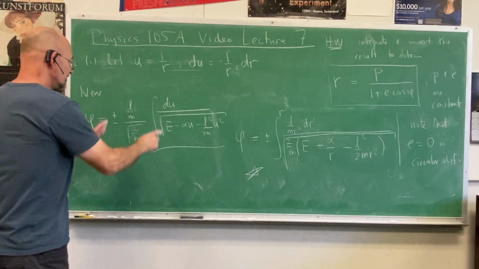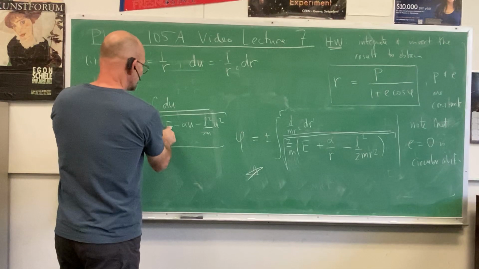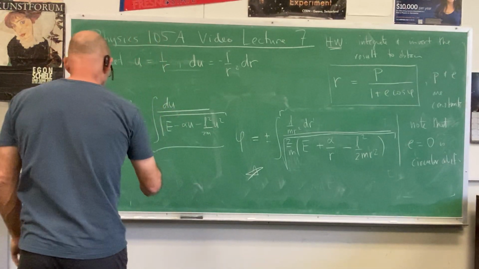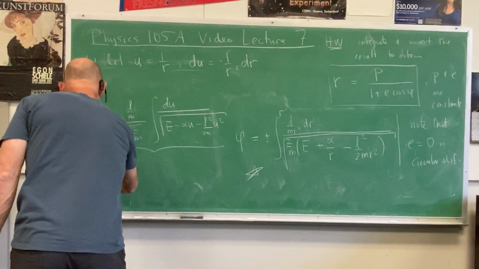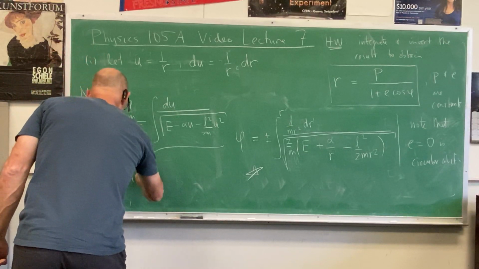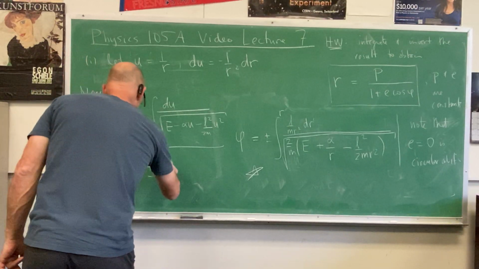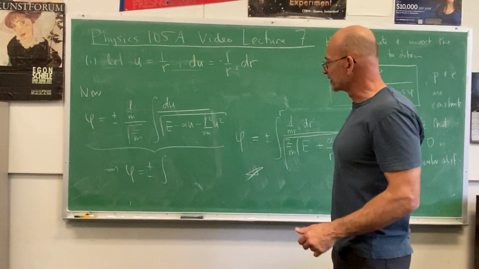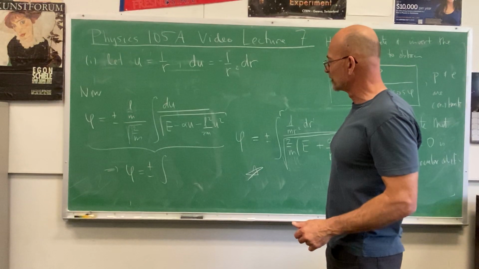And then we'll have du square root of something minus something times u minus u squared. Okay. So we can end up with phi equals plus minus integral. Let's see if that works. So the 2 over m and the m over.